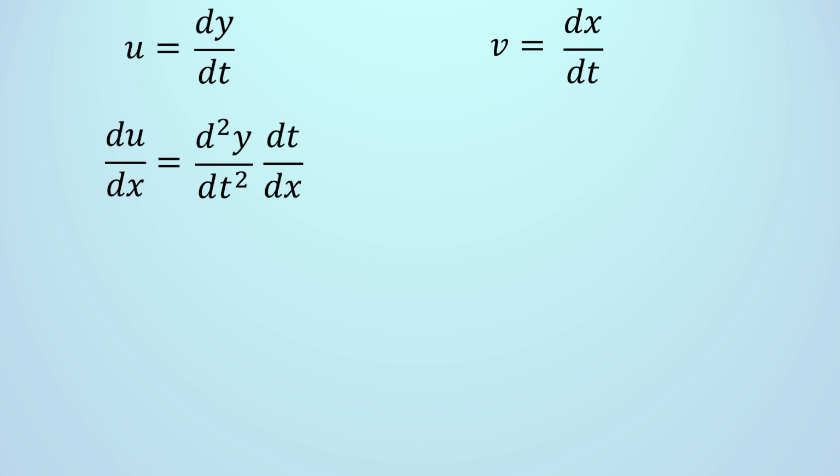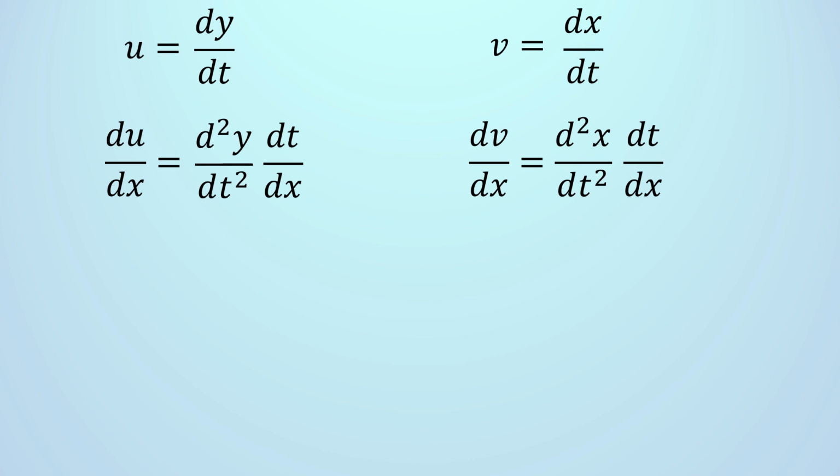And then similarly with the v, differentiating that with respect to x, a natural instinct would be to get a d squared x over dt squared, but again realize, oopsie, we differentiated with respect to t, we were meant to differentiate with respect to x, so do the implicit differentiation correction. Then we now have all the things we need to start putting them in the structure provided by quotient rule.